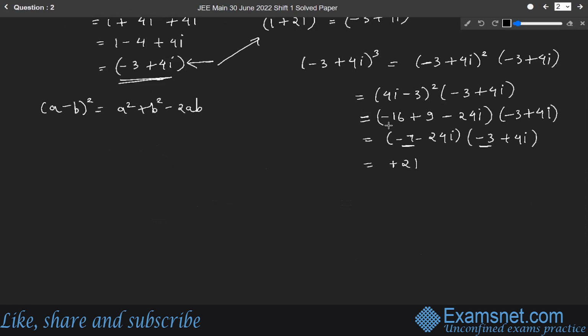Then minus 7 into 4i is minus 28i. Minus 24i into minus 3 will be plus 72i. Minus 24i into plus 4i: i and i will be i square.